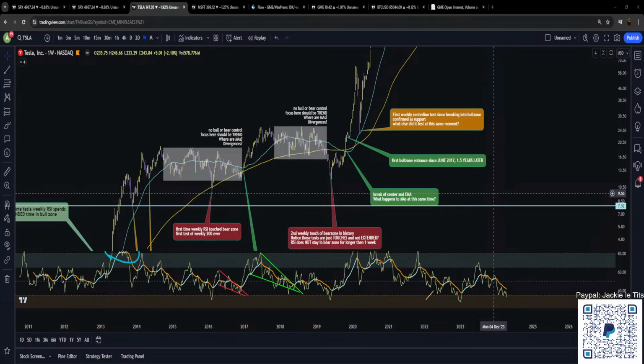Price is constricting, and the price range is getting tighter and tighter, and price is squeezing. And how do we know that that's what the RSI shows us? Because the RSI shows us relative strength.